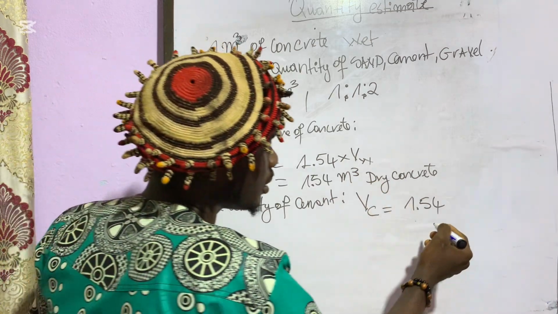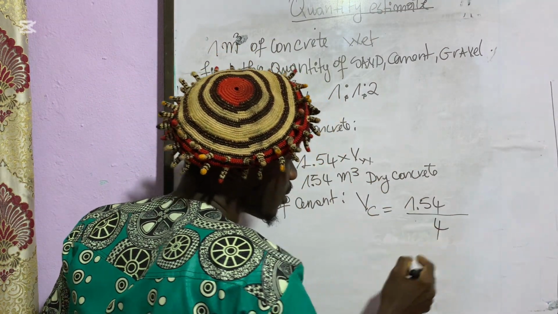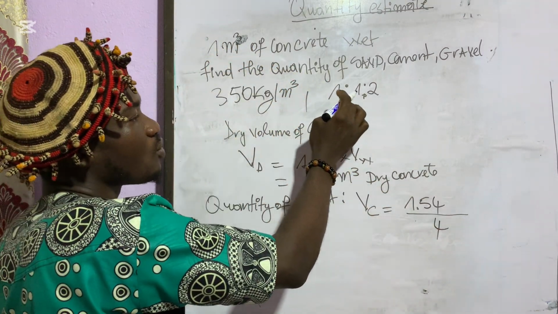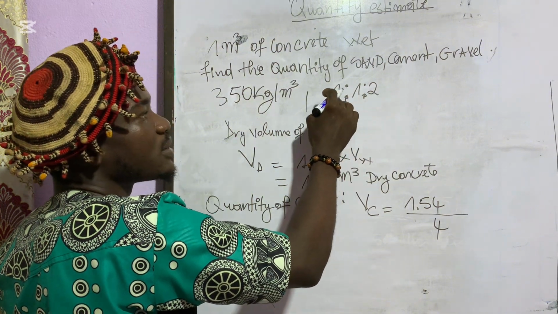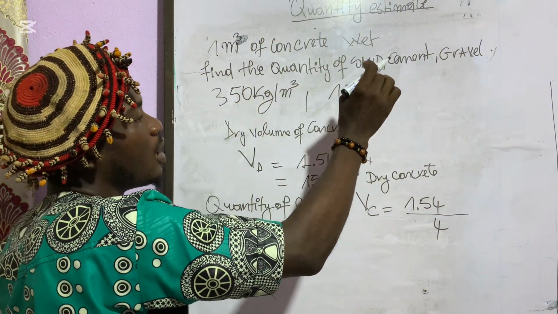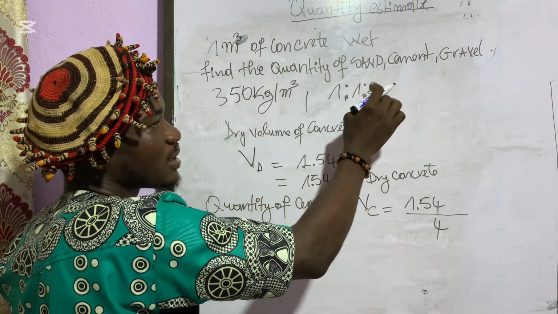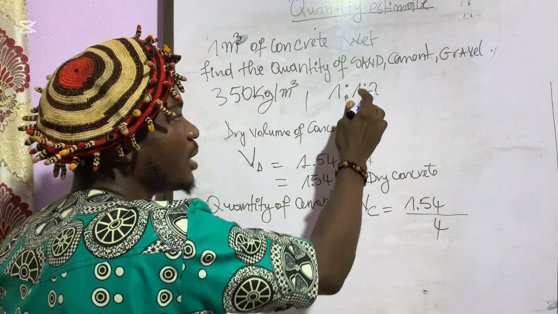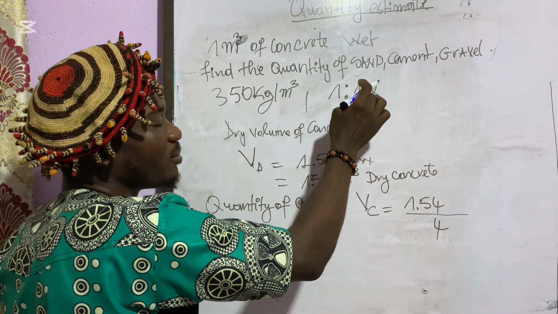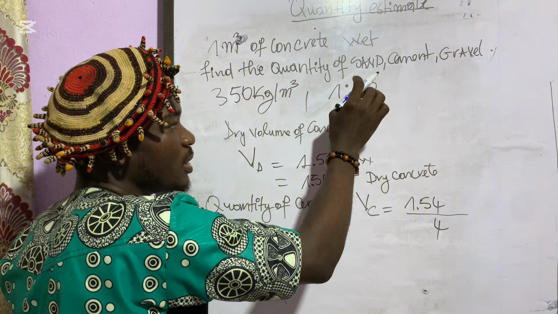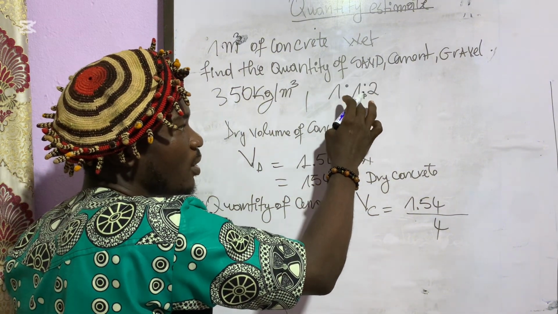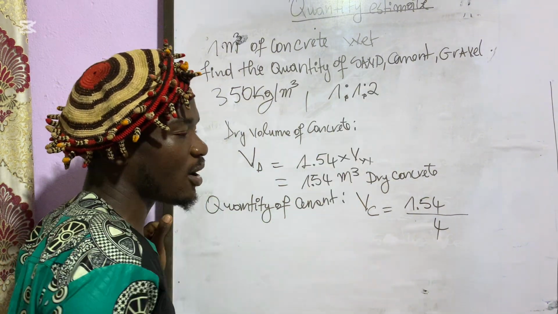It will give us 4 in this context, knowing that this ratio 1:1:2 means simply 1 cement plus 1 sand plus 2 gravel. In terms of wheelbarrow, for 1 bag of cement, we need one wheelbarrow of sand and 2 wheelbarrow of gravel.